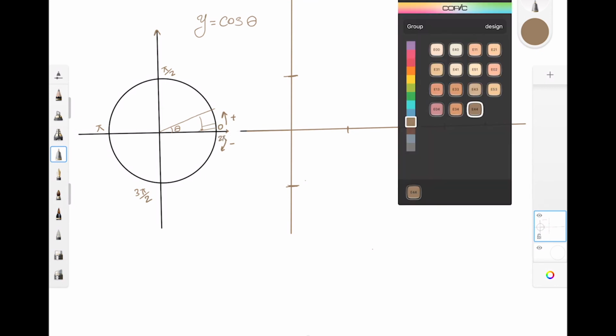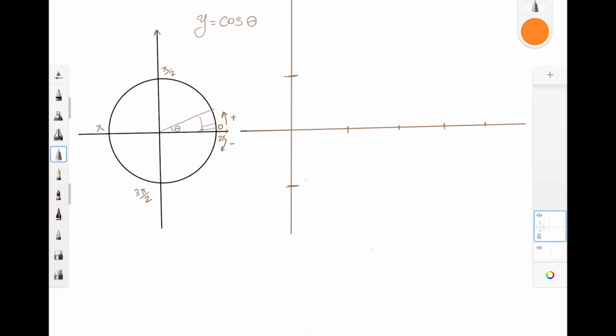So for different theta, we would like to know what is the value of y, or I can write what is the value of f of theta. So this y is not this y. It's a function.